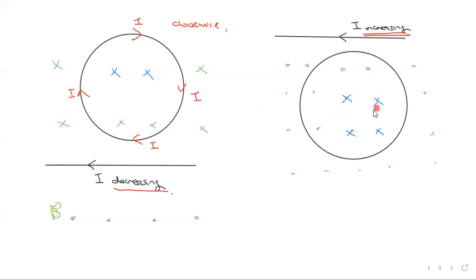To get this into the page, with your right-hand grip rule your thumb goes into the page, your fingers wrap around in a clockwise direction, and that gives you, very similar to the one on the left, because you want to create into the page, a clockwise direction.